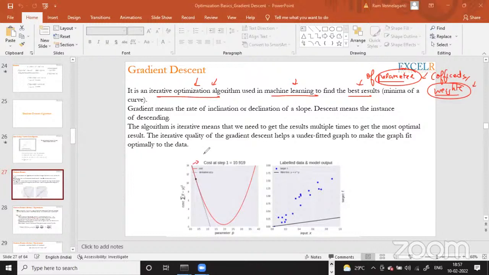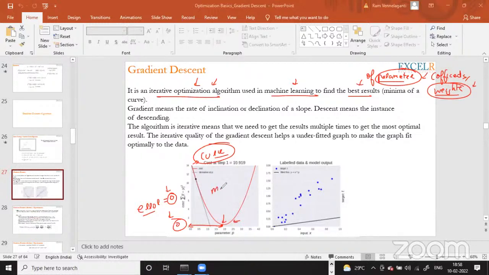So if this is your curve, what is your objective? Your objective is to minimize your residual sum of squares. At this point, you are able to ensure that your error is minimized. So at this point, you're supposed to find out what your parameter values are.